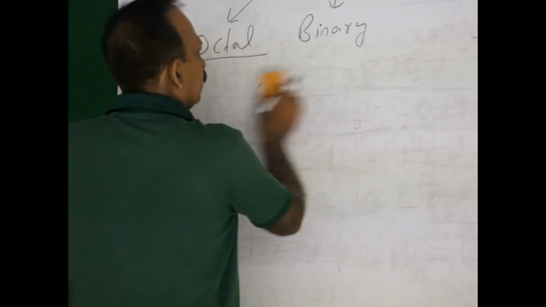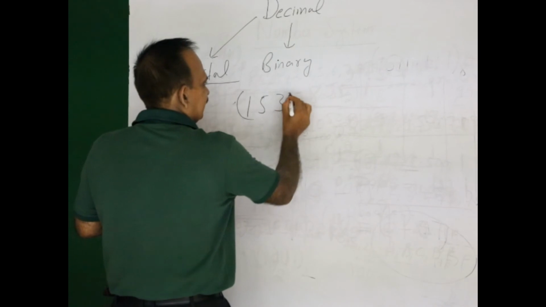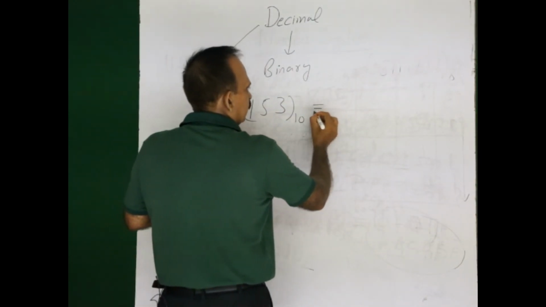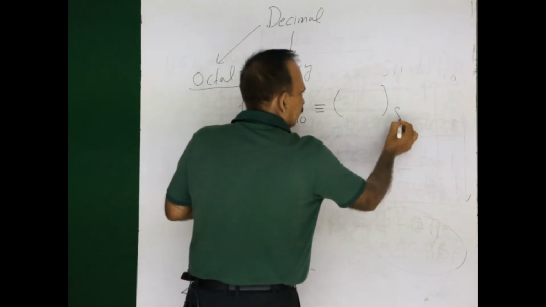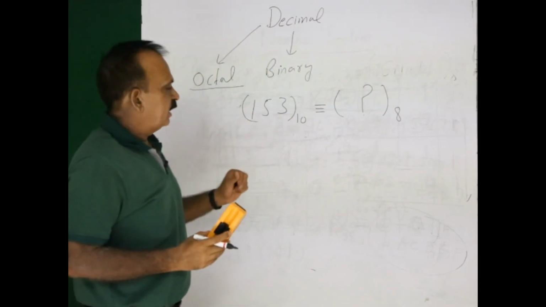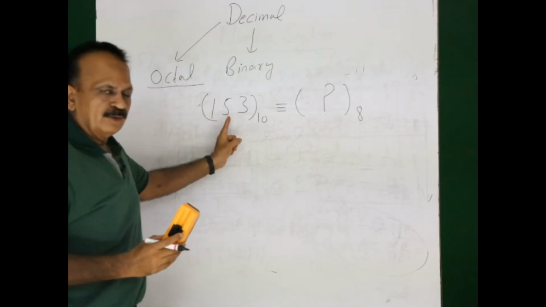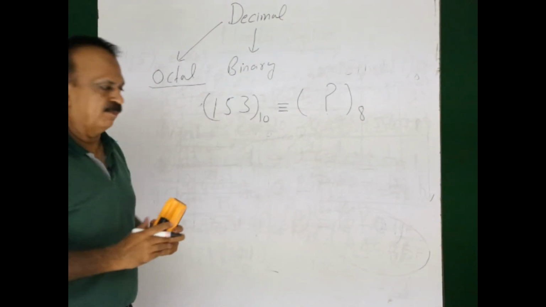In fact, I want to convert the decimal number 153 into its octal equivalent. This means I want to find the octal number equivalent to the decimal number 153.